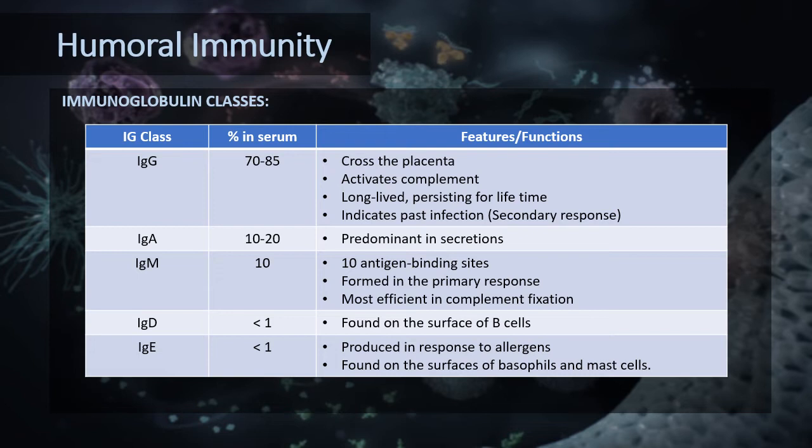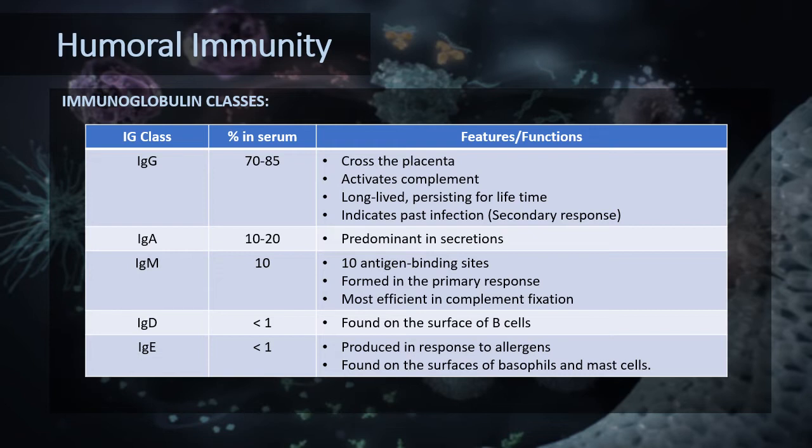First we have IgG, which is predominant in the serum, comprising 70 to 85%. This is the only immunoglobulin that crosses the placenta. It activates the complement and is long-lived, persisting for a lifetime, and this would indicate past infection since it is involved in the secondary response.